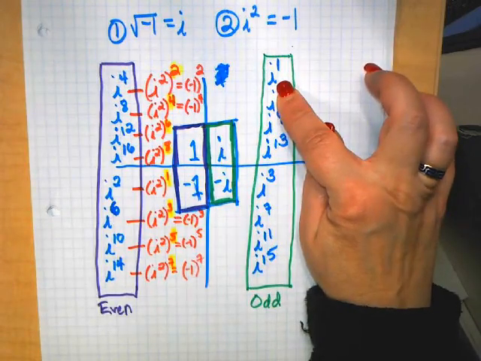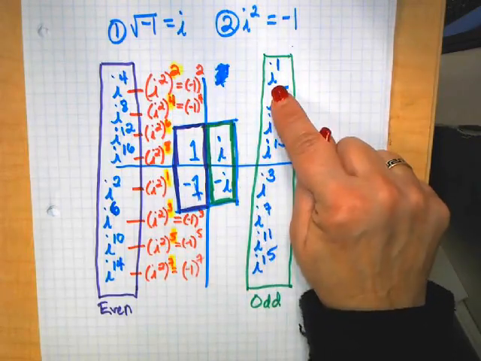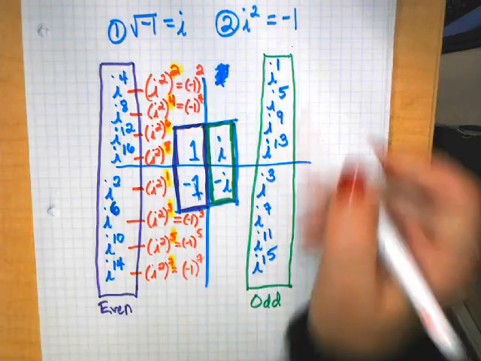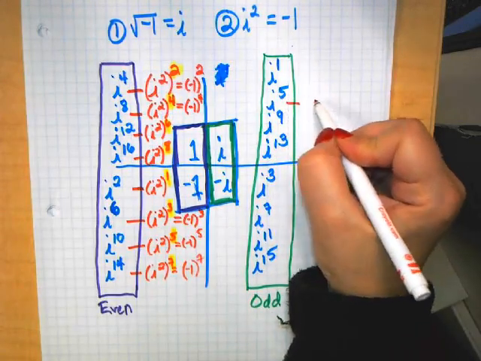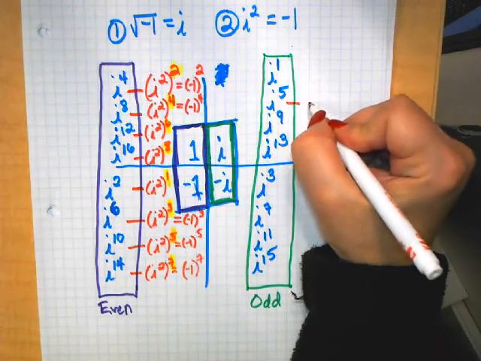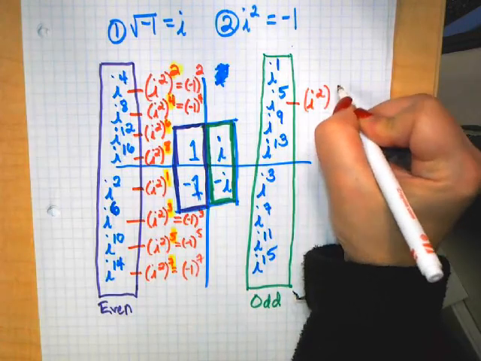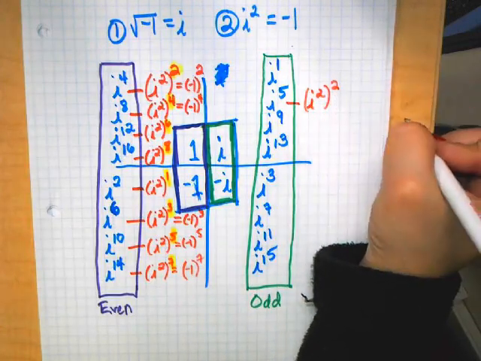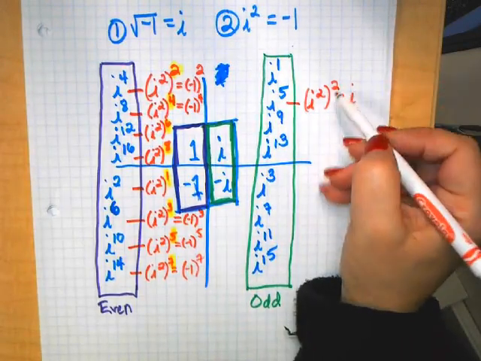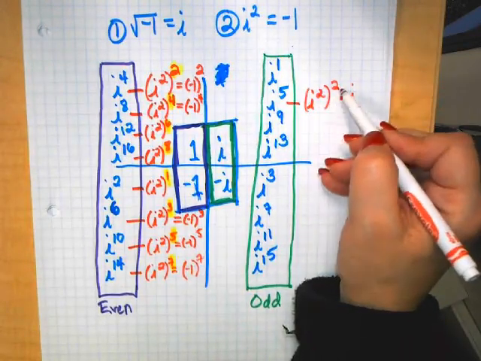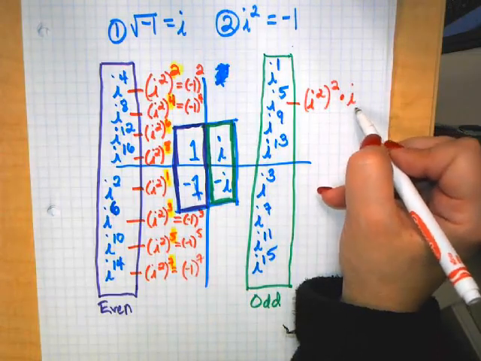We know that that's just going to be i, so I'm not going to rewrite this one, but I will rewrite i to the 5th. i to the 5th is the same thing as i squared raised to the 2nd power times another i. There are 2 pairs of i's, making this i to the 4th times another i.